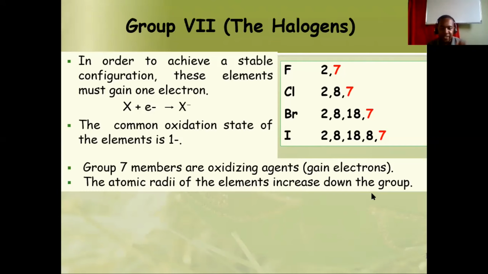So therefore, as we know, when the atoms get bigger, they have the least tendency to attract electrons to become electronegative. Because the valence electrons become more shielded from the positive nucleus. Right?